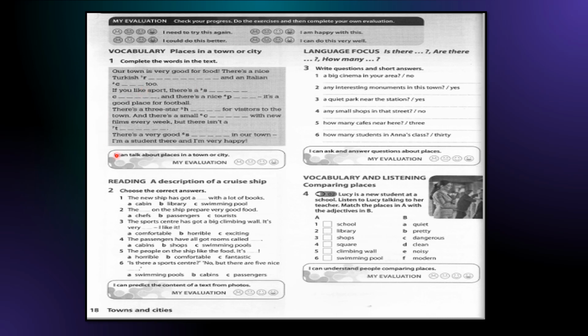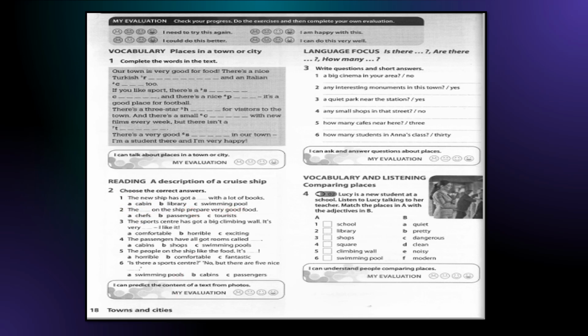Okay, and then number 2. Choose the correct answers. For example, number 1, the new ship has got with a lot of books. Just circle the correct answer: cabin, library, or swimming pool.